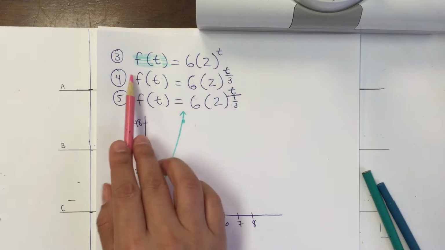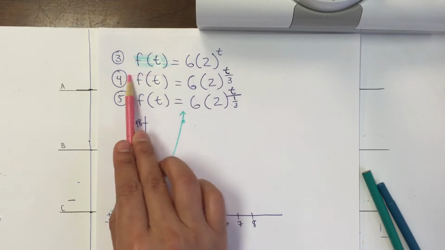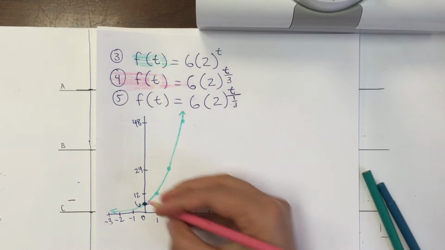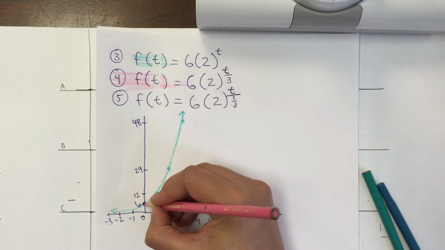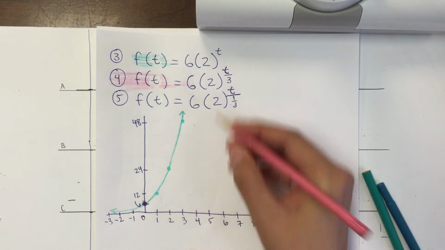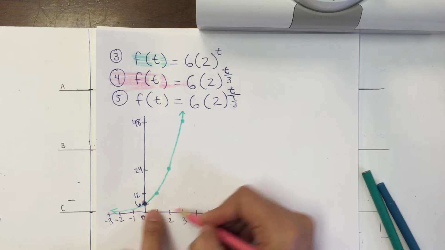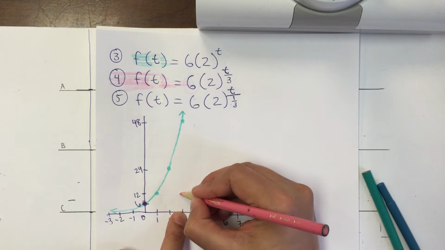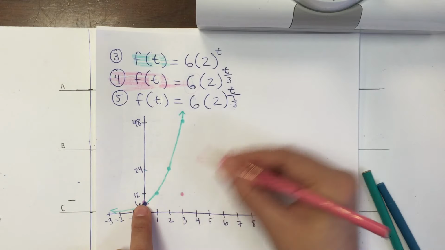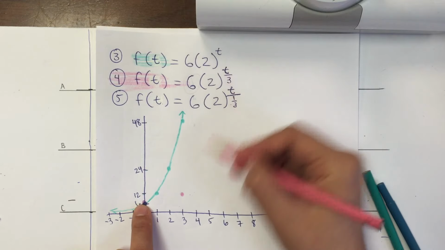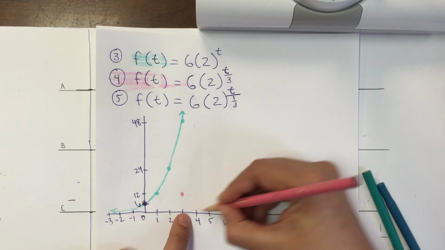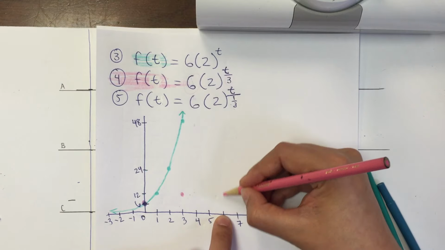Now, what if we do this one for every 3 hours? It doubles every 3 hours. My initial point, which is at 6, and then 3 hours will go by, and then it doubles. So it's not 6 anymore, it's now at 12. But notice how the cycle is 3 hours, so after 3 hours it doubles. Another 3 hours, and then it doubles.